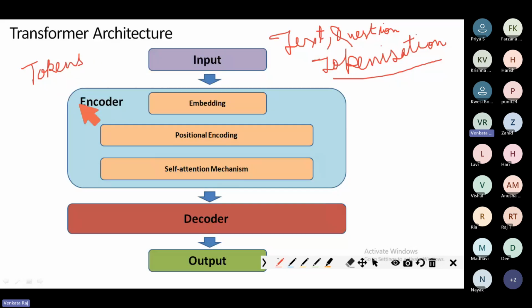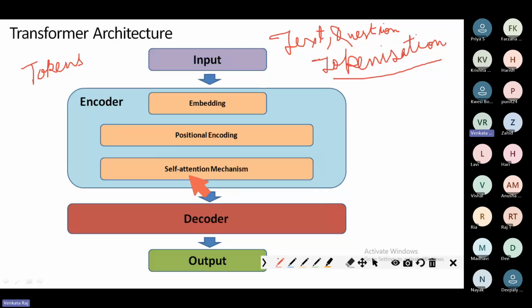Now, guys, what will happen? Once the input is provided, it goes to the encoder and the decoder. We have one encoder and the decoder in the LLMs in this architecture.